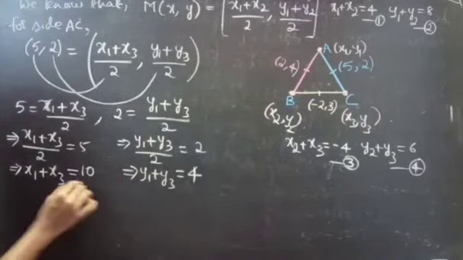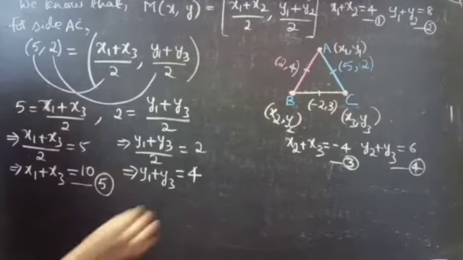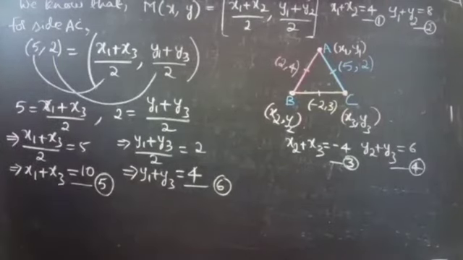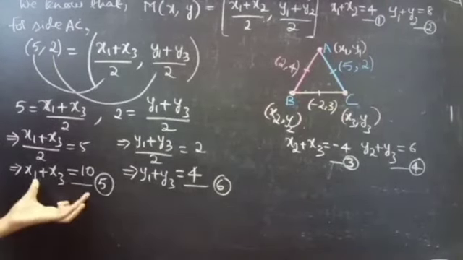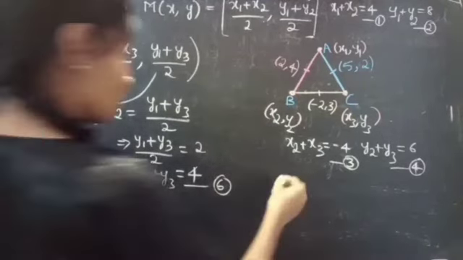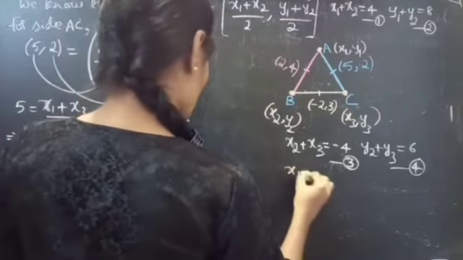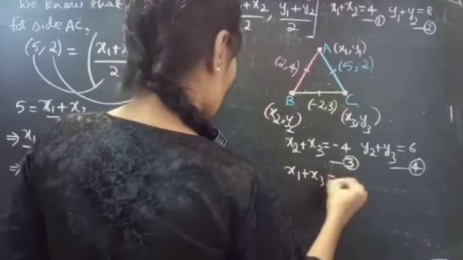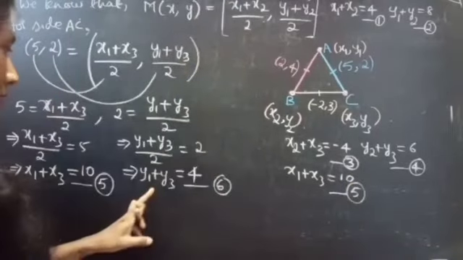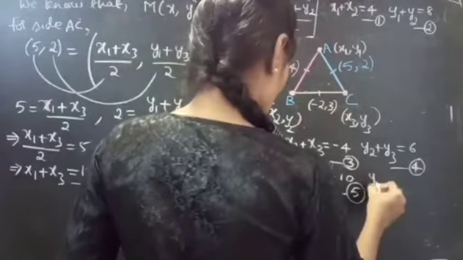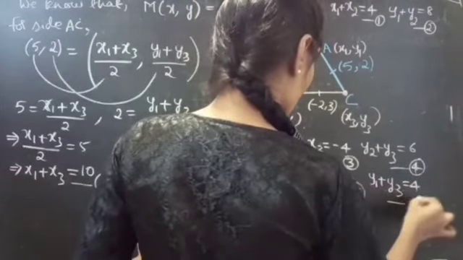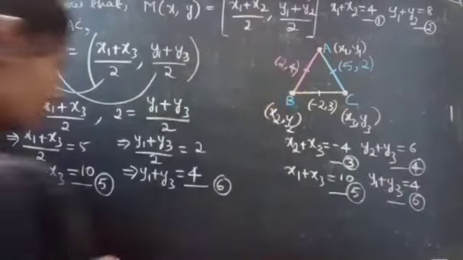Now consider this as equation 5 and this as equation 6. So from side AC you got 2 equations: x1 plus x3 equals 10, which is equation number 5, and y1 plus y3 equals 4, which is equation number 6.